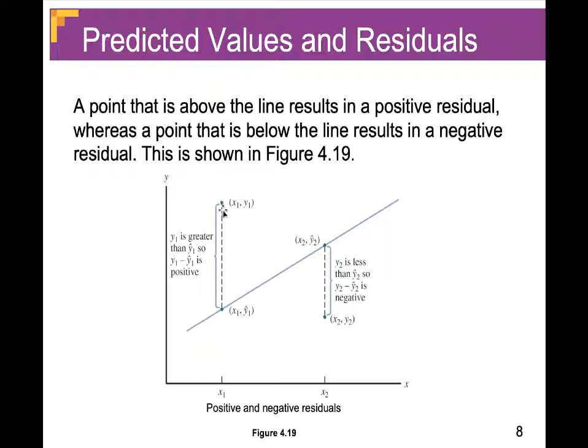It is above the line, the observation is. And then when you take the observed value for 2, subtract the predicted value, it's going to be a negative value. And so here your residual is negative. In a good scatter plot, you should have some positive and some negative residuals.